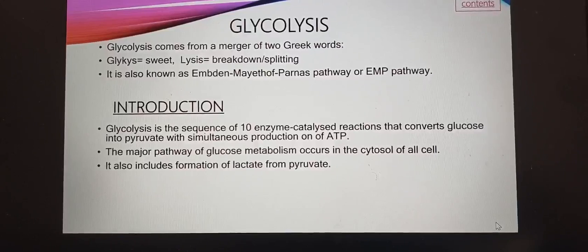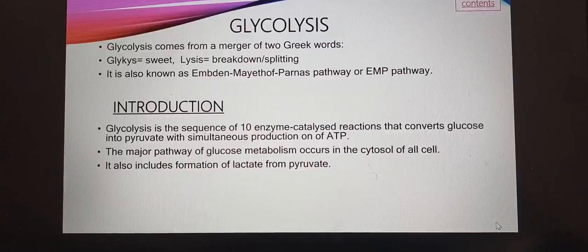The word glycolysis is a merger of two Greek words: glykis means sweet, or it can also mean glucose, and lysis means breakdown or splitting. So from the whole word we can understand that it means breakdown of glucose. It is the process in which 6-carbon glucose is degraded into molecules of pyruvic acid through multiple enzyme-dependent reactions.